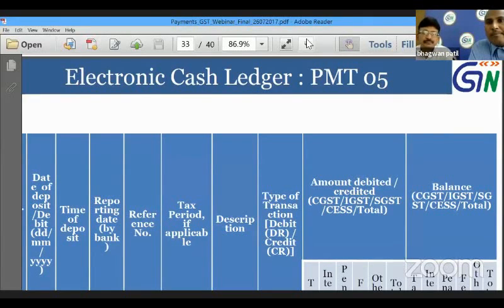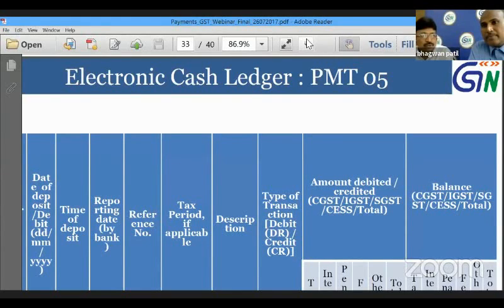Suppose a taxpayer has deposited the amount, and on the basis of CIN, the electronic cash ledger has been updated. After end of day, when the reconciliation is started, and we find that there is a difference of any type, GSTN will make a flag on your electronic cash ledger that there is some discrepancy, but you will be able to utilize that amount in the T+1 morning, that is the next day after the date of transaction.